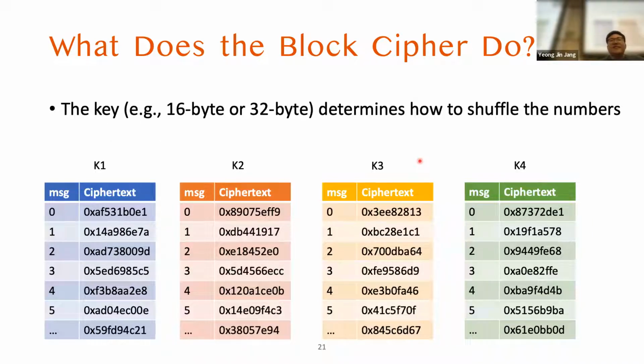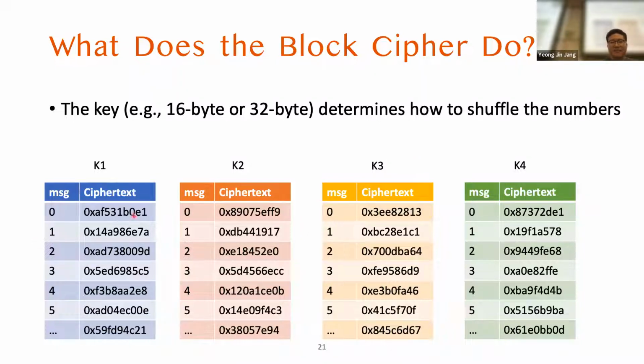For the Advanced Encryption Standard, AES, which we will learn a little bit later, they use 16-byte or 32-byte keys. And that key determines how the numbers will be shuffled. But if the key is the same, then based on the algorithm, we will have exactly the same sequence. So if the two ends share the same key, they will see the same sequence.